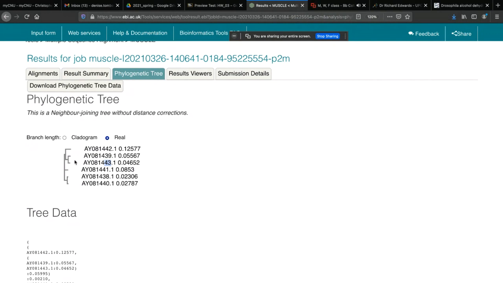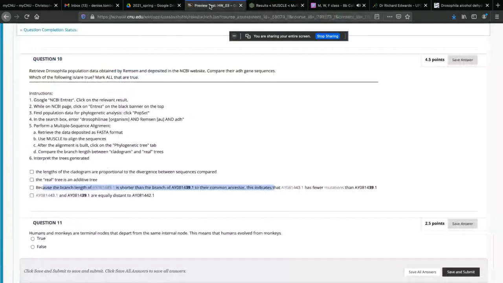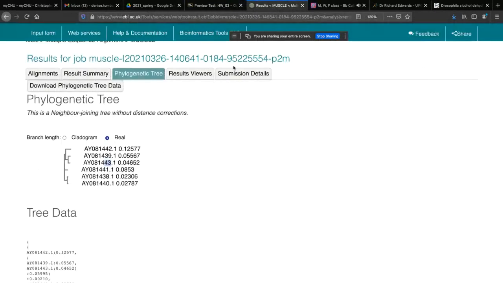Okay, that part I'm not lying. So yeah, shorter. Then that means that 43 has fewer mutations than the 39. Yeah, that's what that means. So in comparison to the ancestor. So that is true.